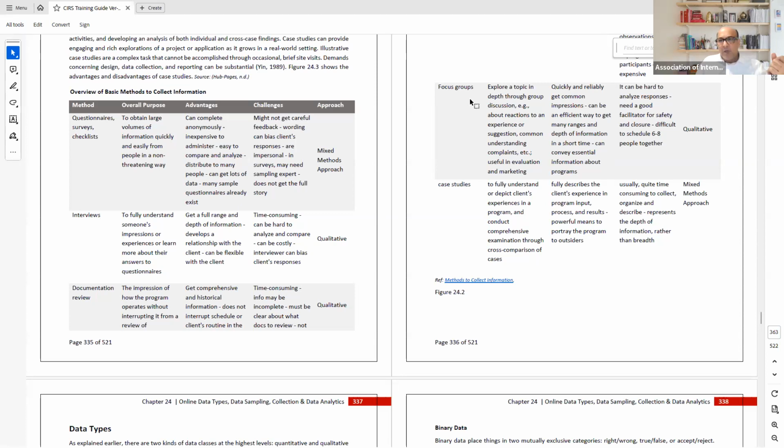Focus groups, we will learn what focus group interviews are, but let's suppose this is a chart you can refer to. And here you see that it is identifying the type of analytics you will end up doing. So you will do qualitative here if it is focus group, case study, mixed methods, and so on. In the exam, you will not be asked to differentiate based on these different types of data collection method, whether it is mixed approach or quantitative or qualitative. So that's just for your reference only.